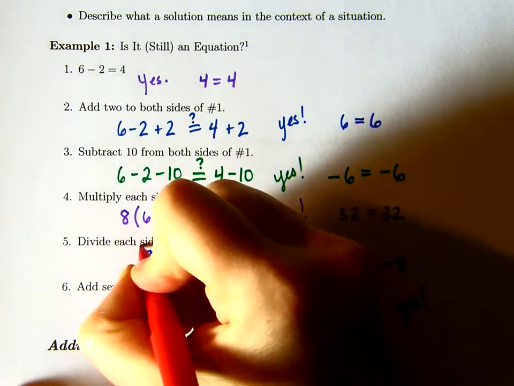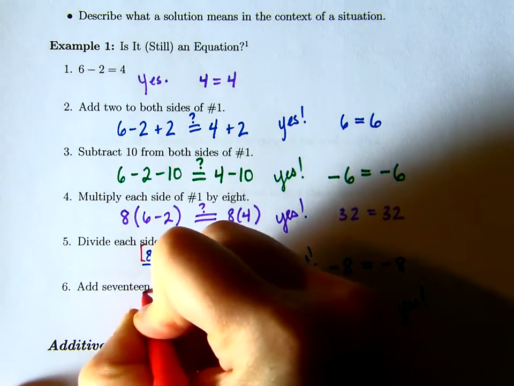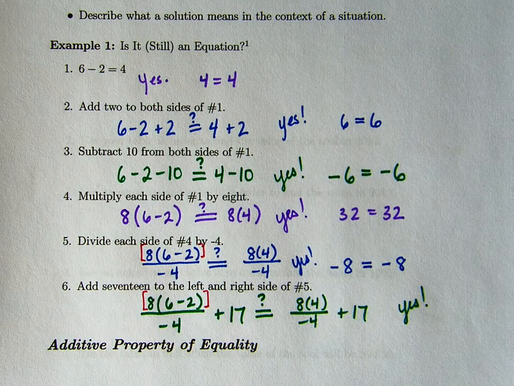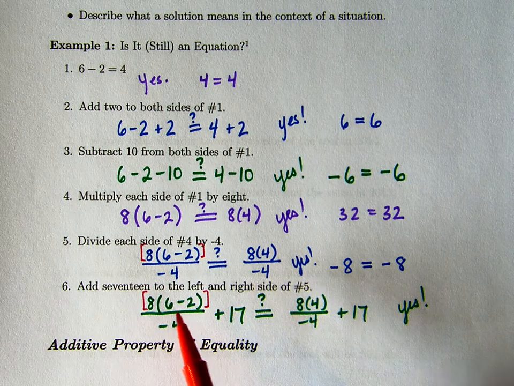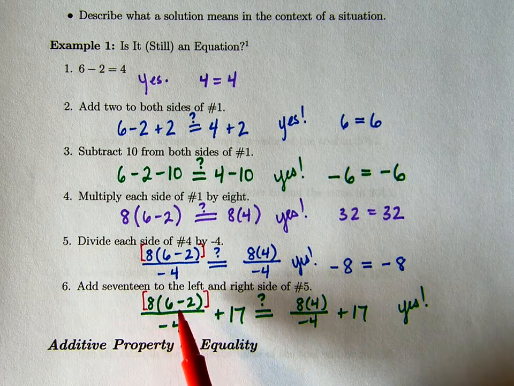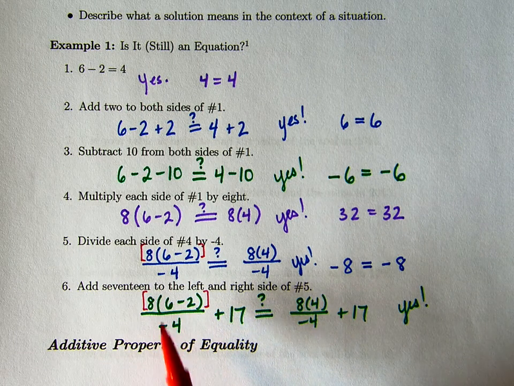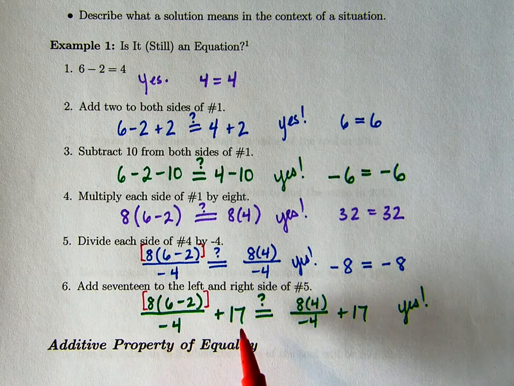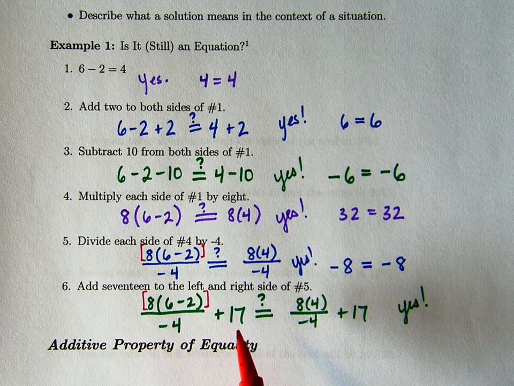So we really do all of that first. We would do 6 take away 2 and get 4. Then 8 times 4, we would get 32. 32 divided by negative 4 is negative 8. And then negative 8 plus 17 would be 9.